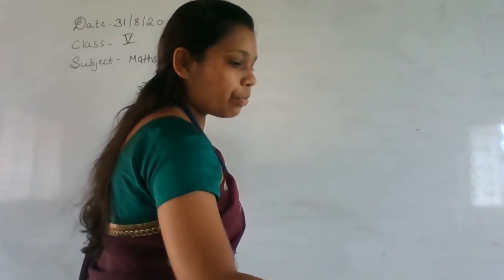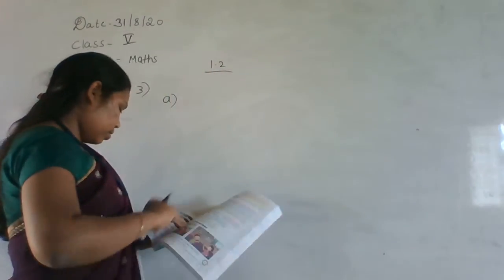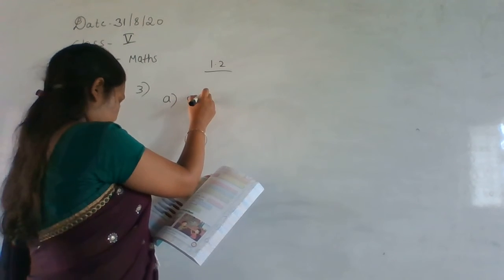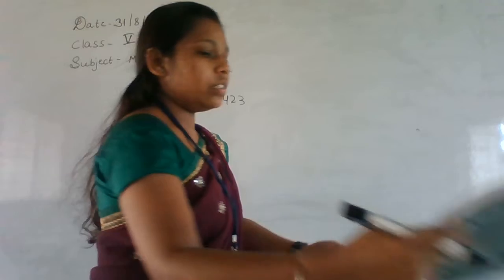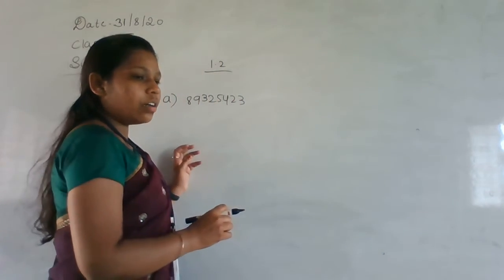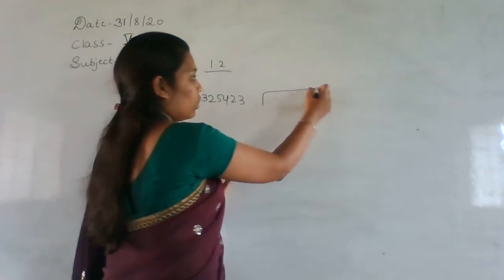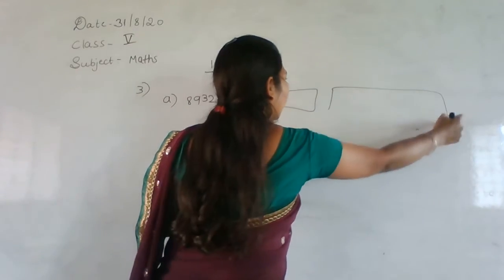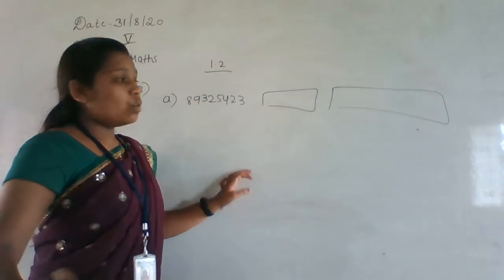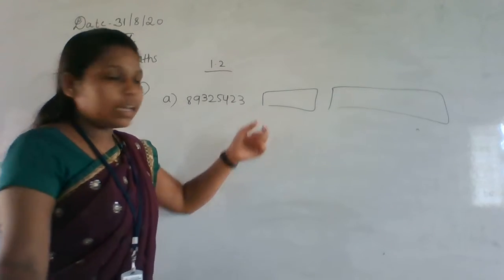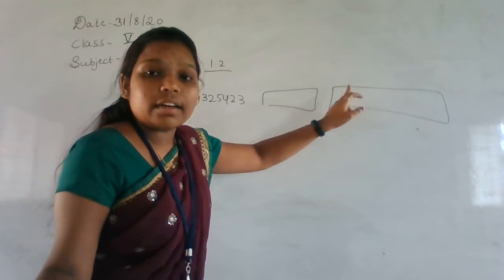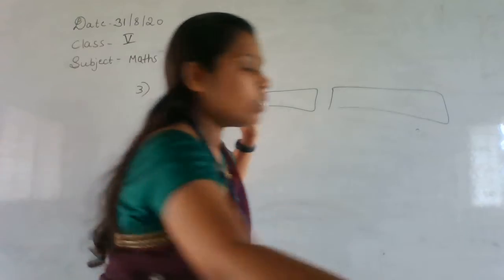What have they given? 8, 9, 3, 2, 5, 4, 2, 3. This is the number they have given. Here is one box and here one more box. In this box you have to write this number using the commas, and in the other box you have to write the number name. Getting everyone?